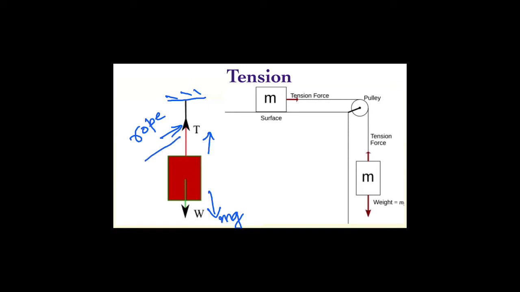This force is called tension. In another example, the block M has been suspended with the help of a string, and this string is connected to another block of the same mass. The force acting on this block is the tension force.